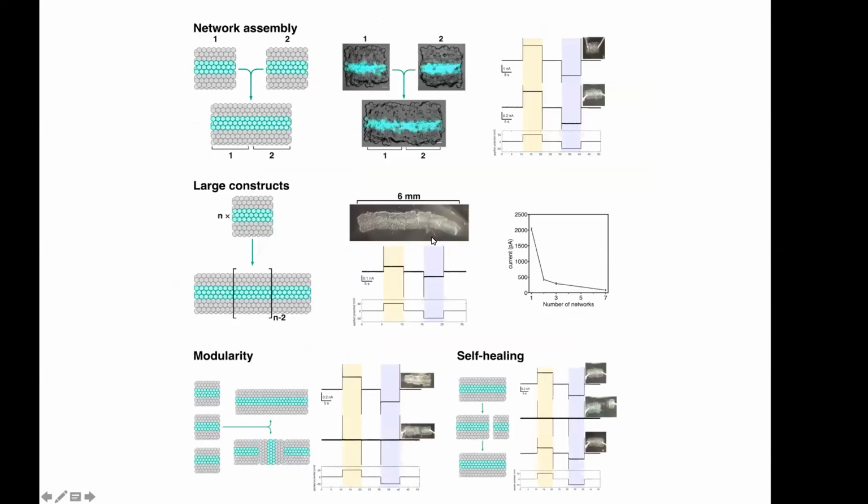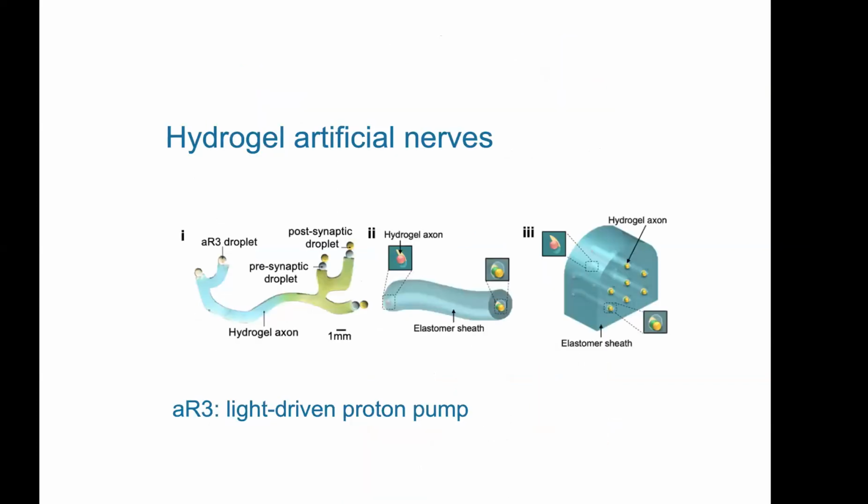And to go back to these assembled constructs before, we can also now assemble long pieces of material that would contain a conducting pathway through the middle, so we can conduct currents across larger distances, centimeter distances.